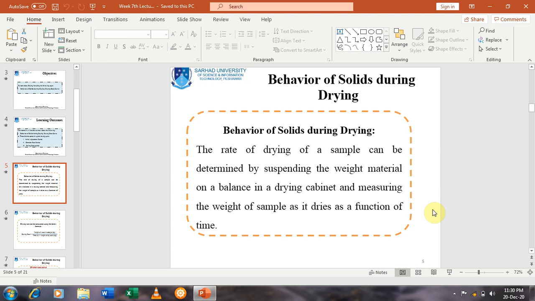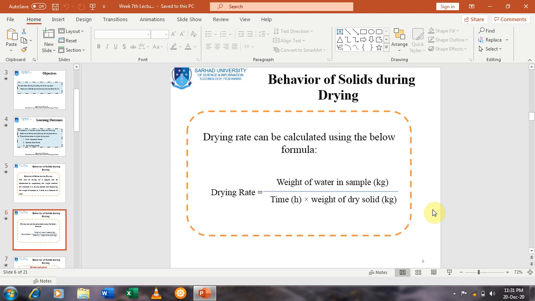We have to note the time as well as the drying weight and moist solids weight, and then put in the equation that the drying rate is equal to the weight of water in the sample divided by the time and the weight of the dry solid.